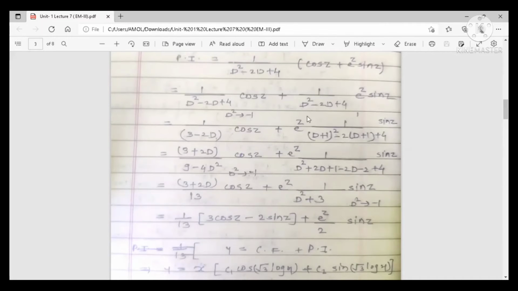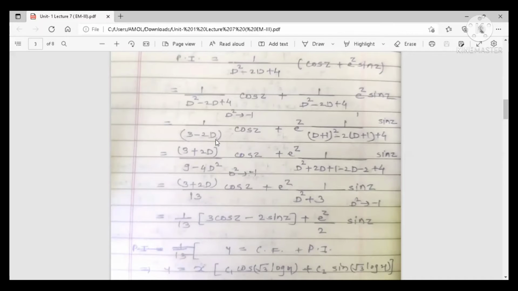Okay, now we solve for the exponential function first. The first term has denominator 3 minus 2d and the function cos z. Now how do we solve for cos z? We always replace the d square term, not d. Here the term 3 minus 2d is a subtraction of two terms, so we cannot integrate cos z directly.